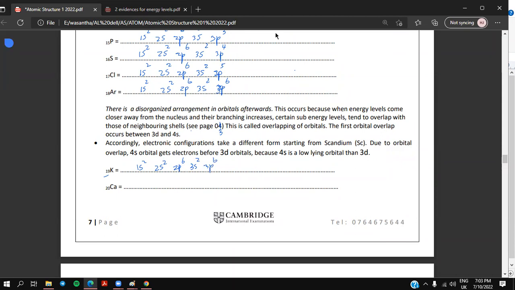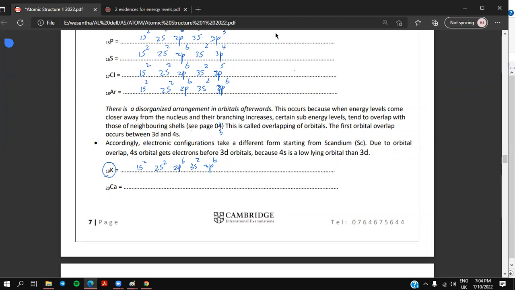Now, how many electrons have been assigned here? 2, 2, 10, now 18 electrons are there. Now we want to go to the remaining electron. Potassium has 19 electrons. I have written 18 electrons.